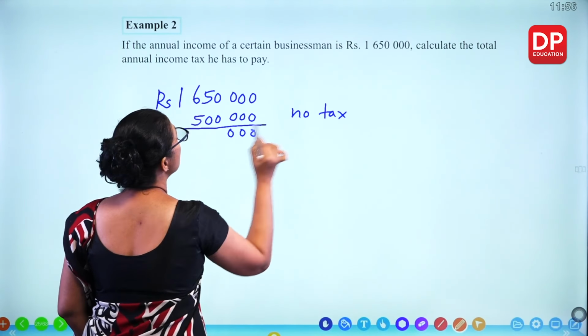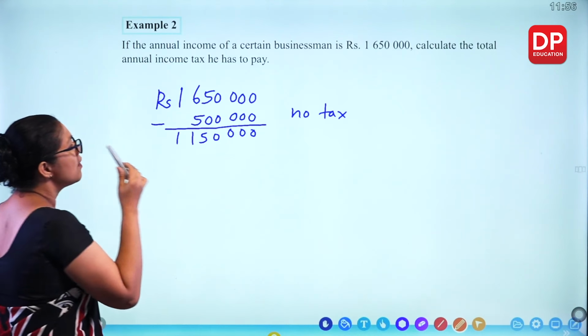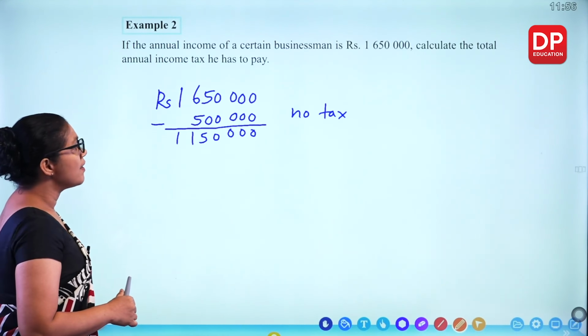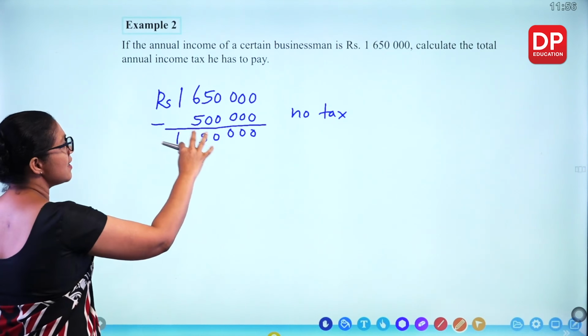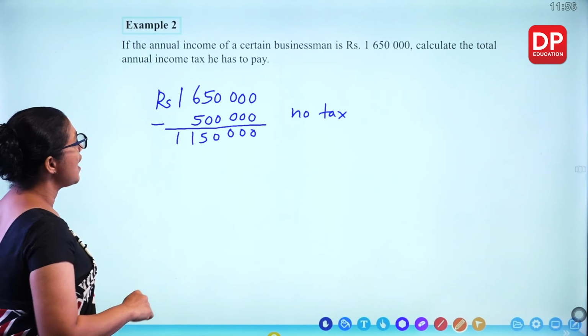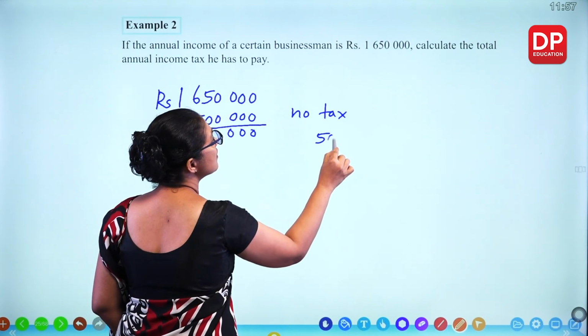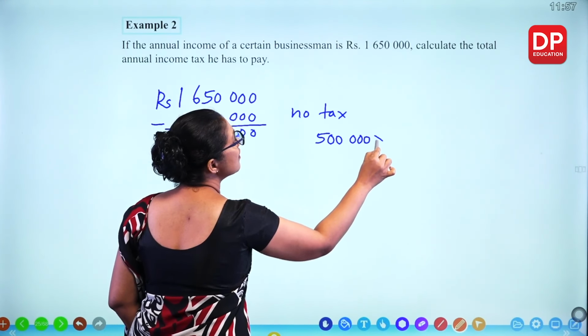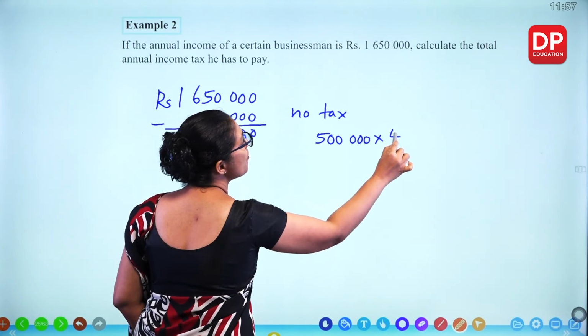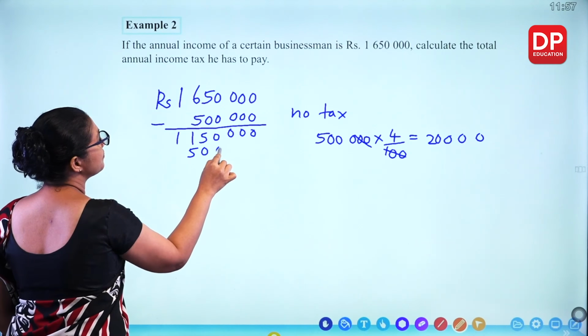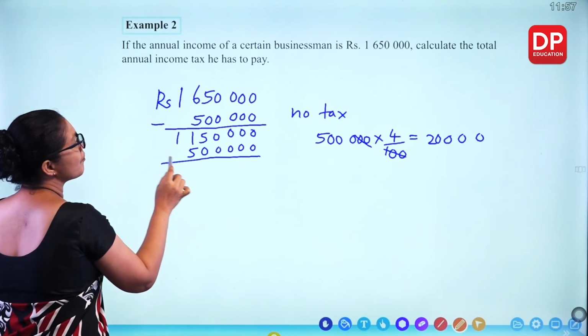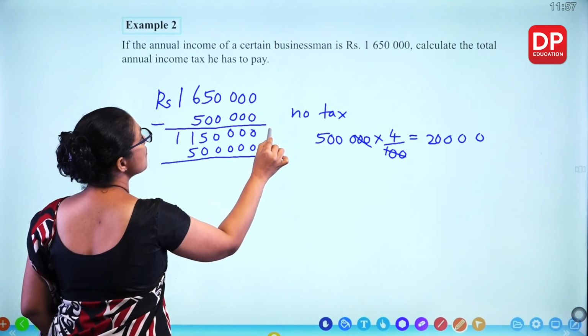For the next amount, we have to pay 4% tax, but only for another 500,000. So we take 500,000, 4% of that. That means 20,000 for the second 500,000. This is 4%.